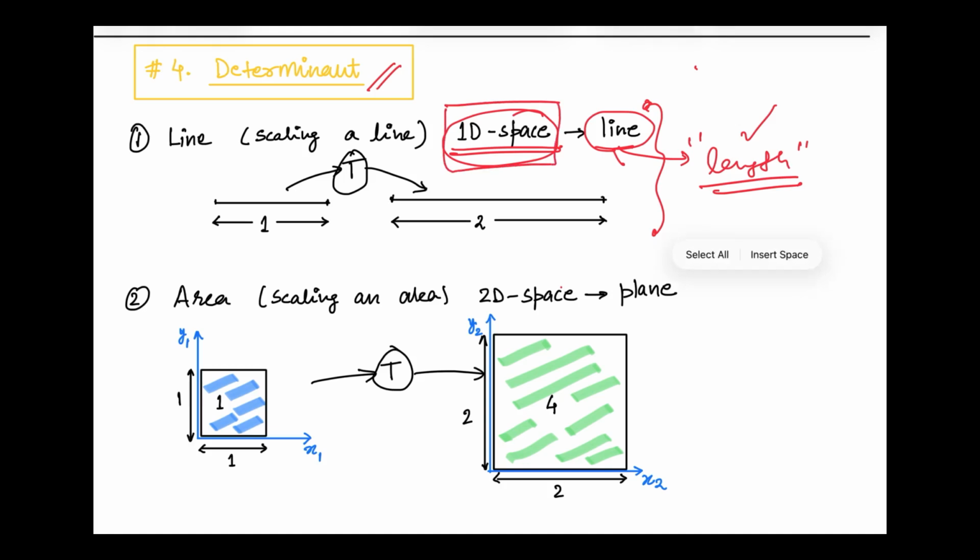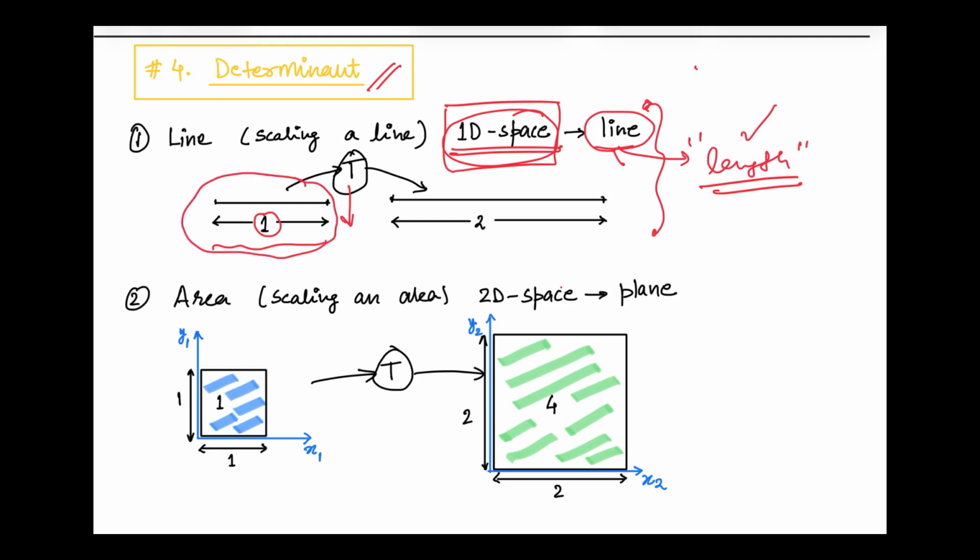So for example, if we see this is the line of unit length of length 1, and when I say unit length, that means it can be 1 centimeter, 1 meter, whatever the unit that we have taken. One unit of that is called as unit length. So let's say we have the line of unit length, then any transformation T which is acting on this particular space.